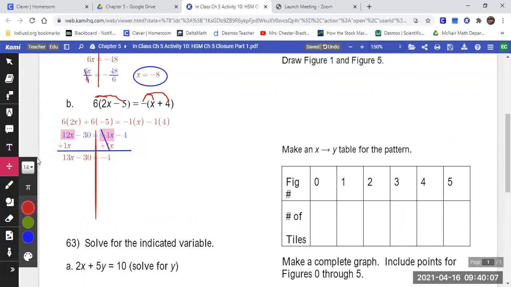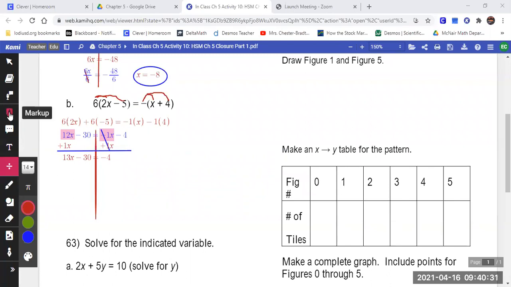Okay. Have we handled all our big ones? What do we need to handle now? Numbers.